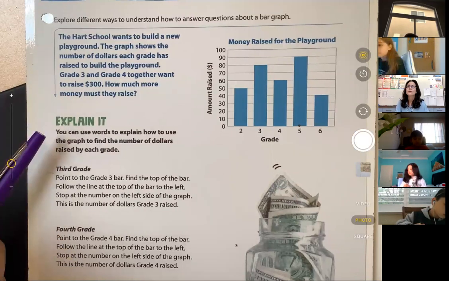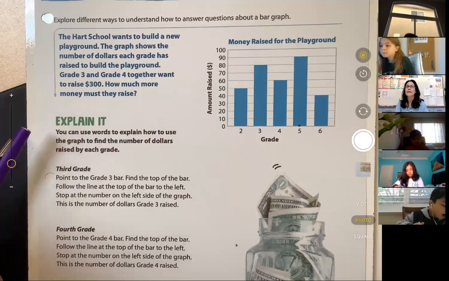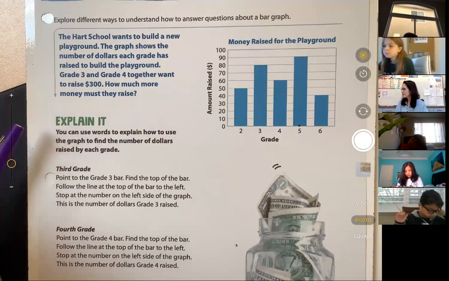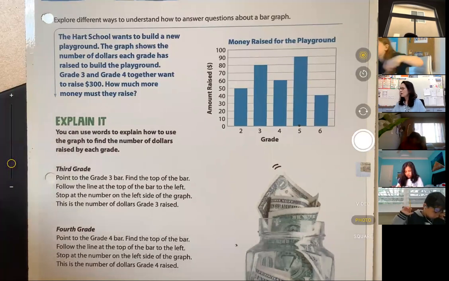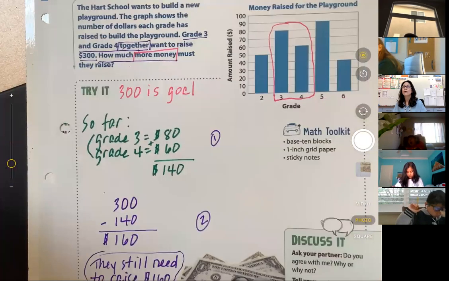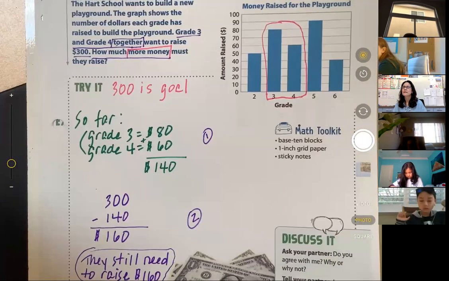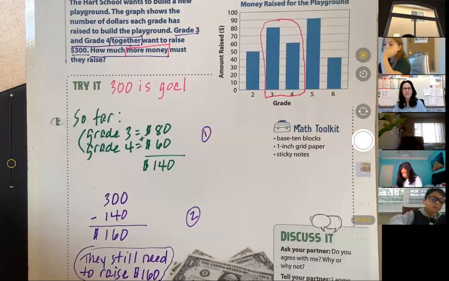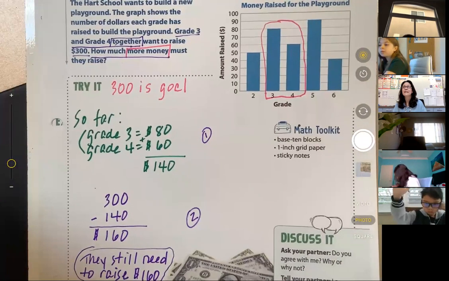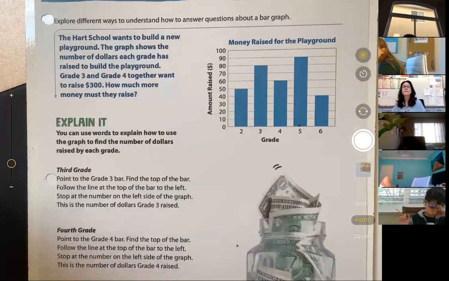You can use words to explain how to use the graph to find the number of dollars raised by each grade. So for example, friends, we just did all of this, right? And we did what we call the math, right? We worked with the numbers. But again, in 3rd grade, remember, we're about the why. We're about the explanation. Let's go a little bit deeper.